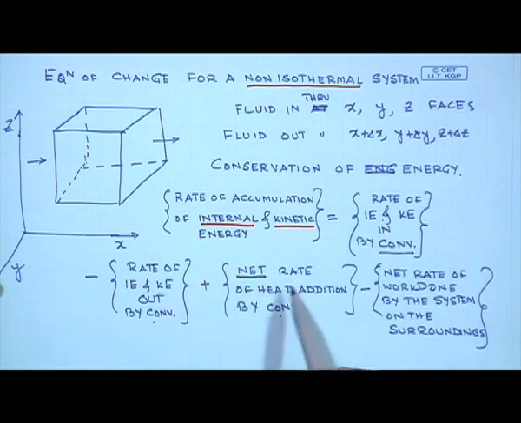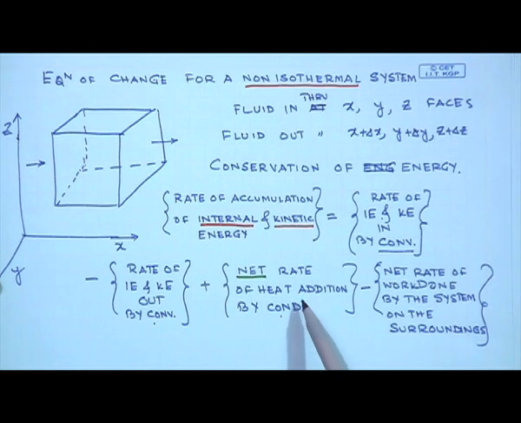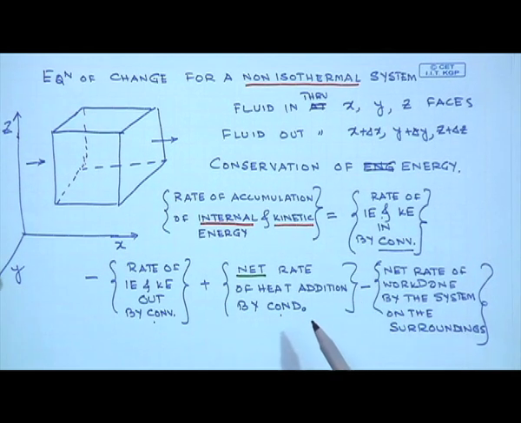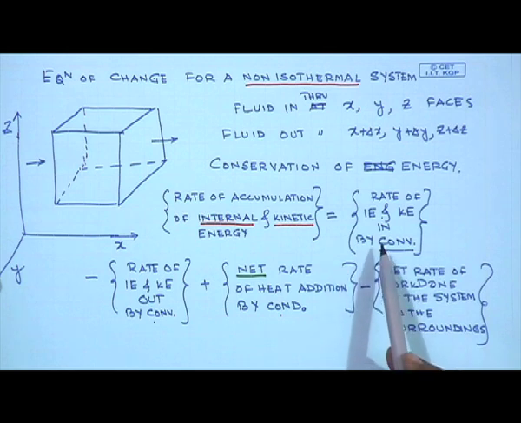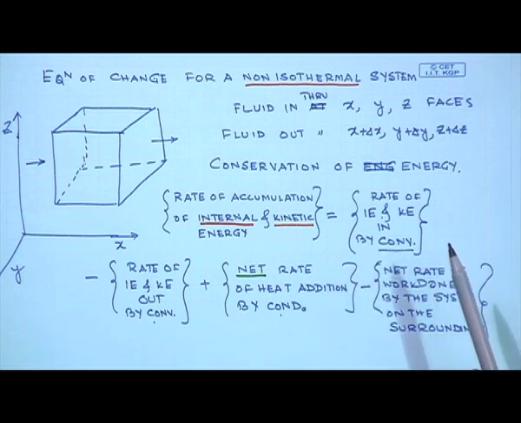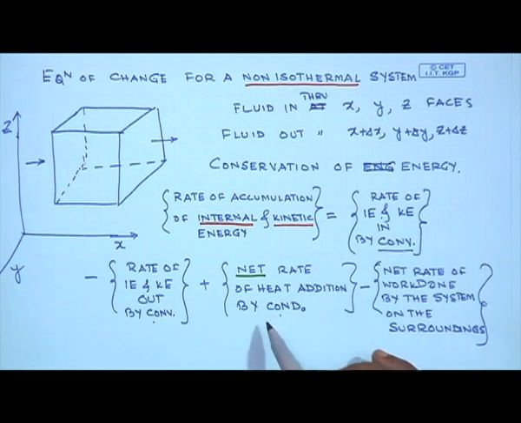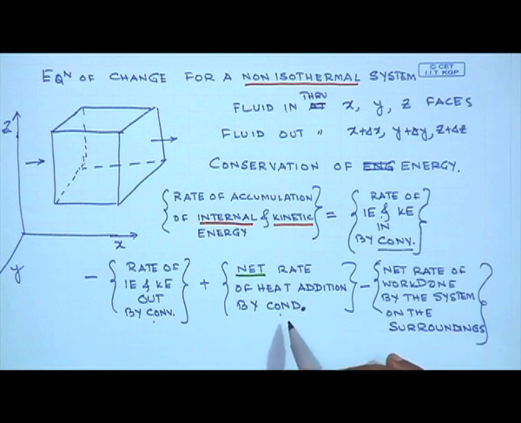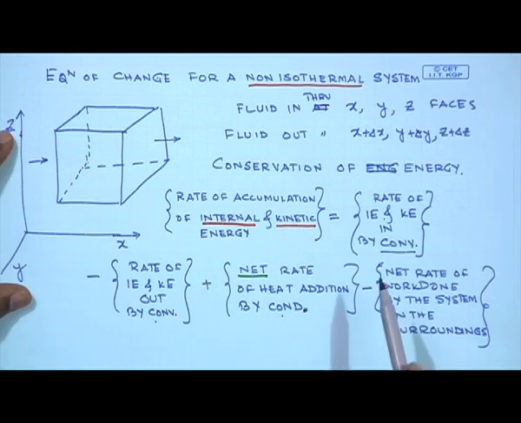So, these terms together are essentially the net rate of internal and kinetic energy which is added to the control volume, and the mechanisms by which this net addition takes place are a combination of both convection and conduction. So, depending on the situation at hand, I can have both present or I can have just one present in the system. I can never stop conduction if there is a temperature difference. So, therefore, it is going to be either conduction plus convection or only conduction if we are talking about a solid system.